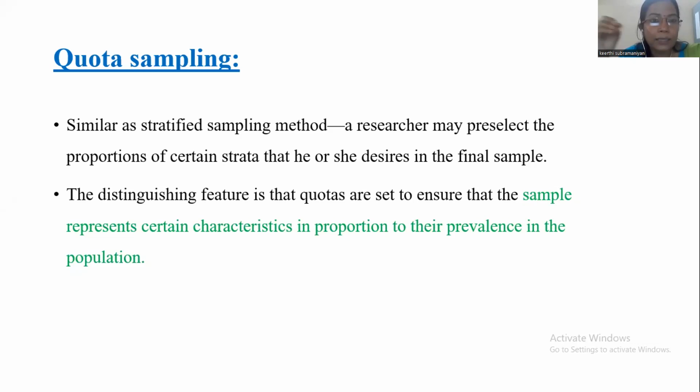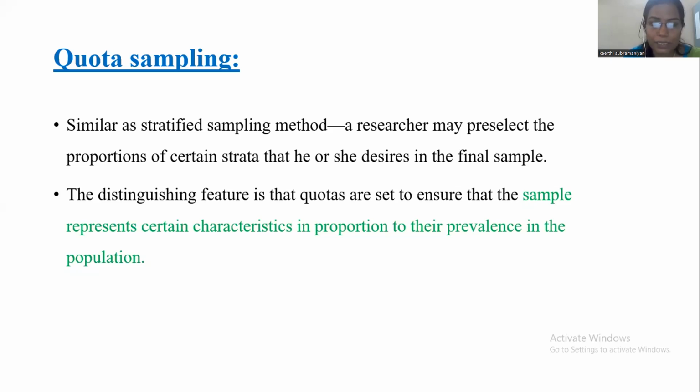But under quota sampling, how you recruit is through convenience or non-probability sampling. Whereas in stratified sampling, you use the random sampling technique only. So this is the minor difference between quota sampling and stratified sampling.